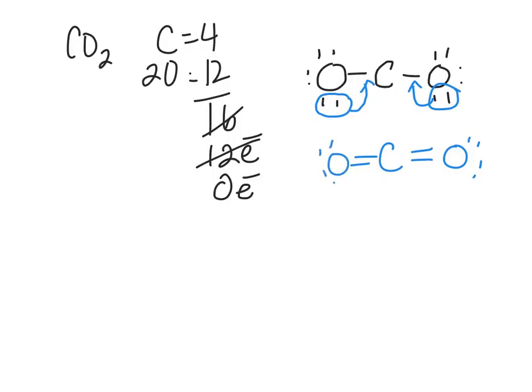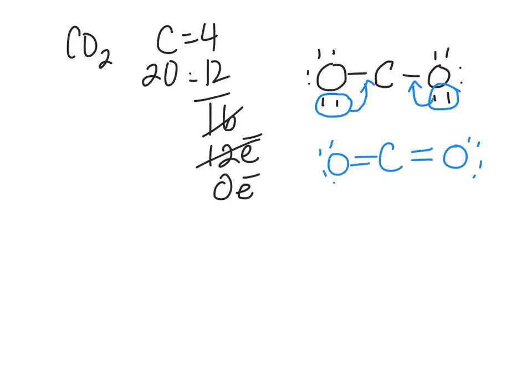Carbon has a combining capacity of 4. It's made 4 bonds. We've used 2, 4, 6, 8, 10, 12, 14, 16 electrons. Oxygen's happy. Carbon's happy. Oxygen's happy. Our structure is done.